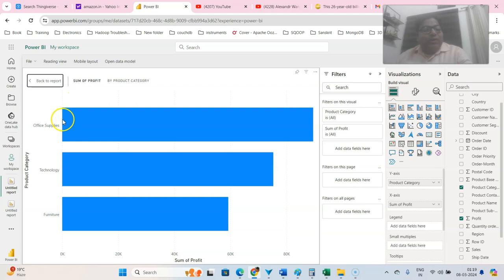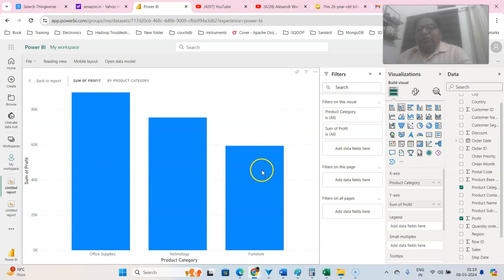You can see here office supplies showing the aggregate value. You can put up the labels as well, which we will discuss in later sections. Then technology related products, this much is the profit, and then furniture related products, this much is the profit. This is your horizontal bar chart. You can also put up a vertical bar chart this way. So this is only showing you the aggregate value. So this is about a bar chart.